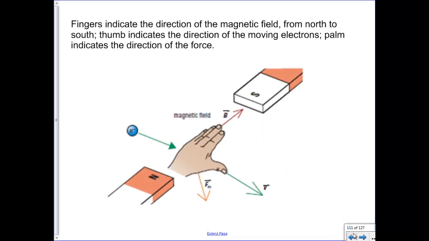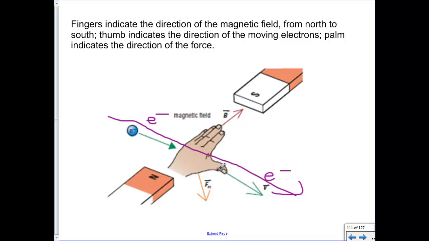So let me show you this third rule. Let's say you have a wire here, and electrons are going that way. The way it works is that your thumb is the direction of the electron flow.